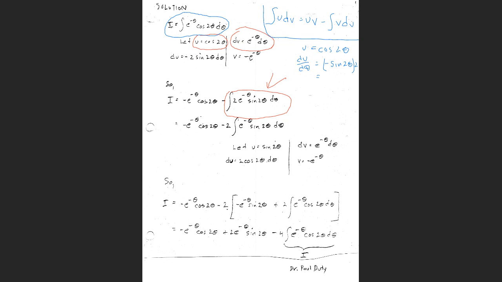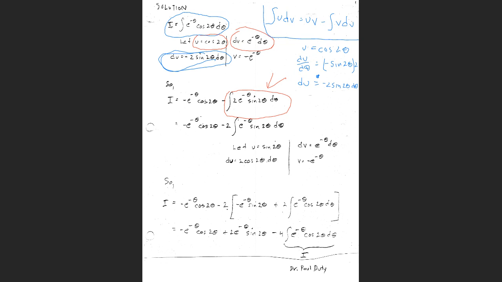And therefore du would just equal negative 2 sine of 2 theta d theta. That's how I get this here.